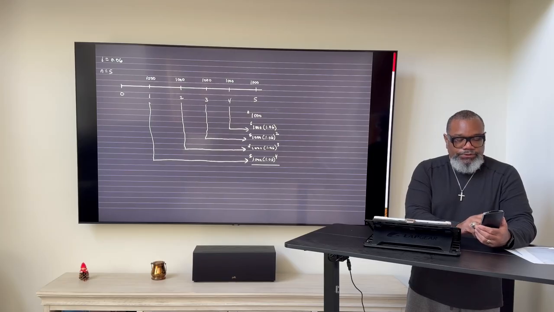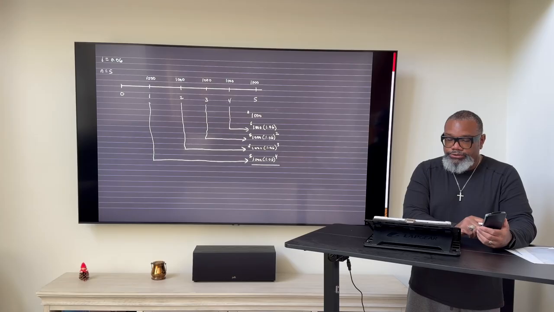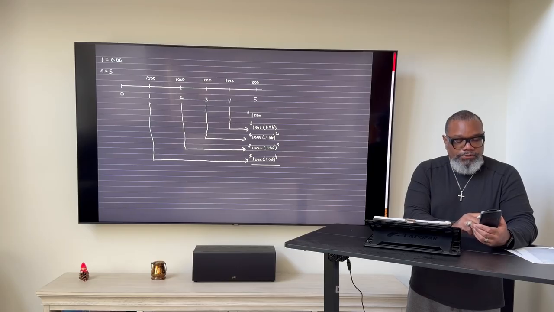Then we're going to store that one in the fourth register, and then multiply that by 1.06, and then we're going to store that one in the fifth register.